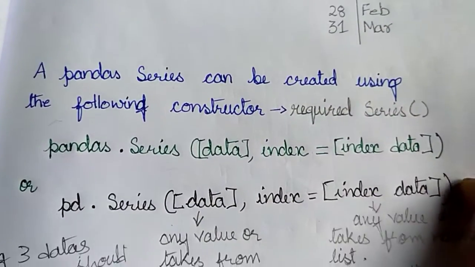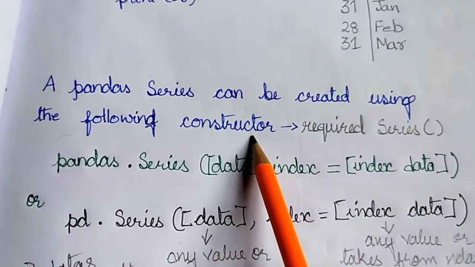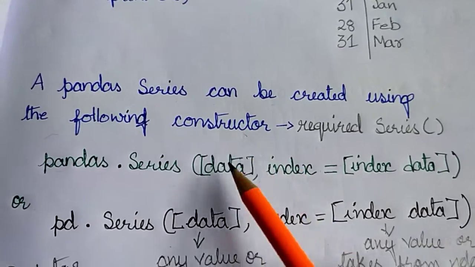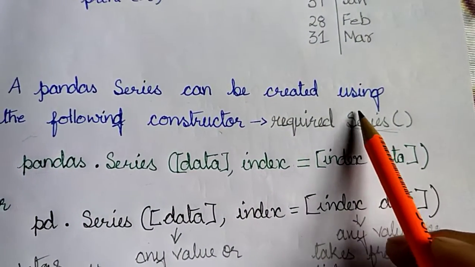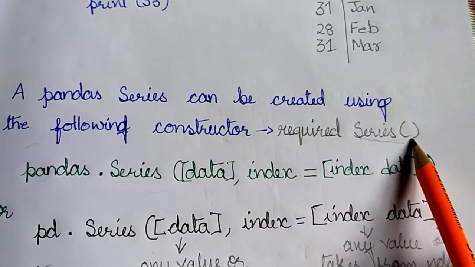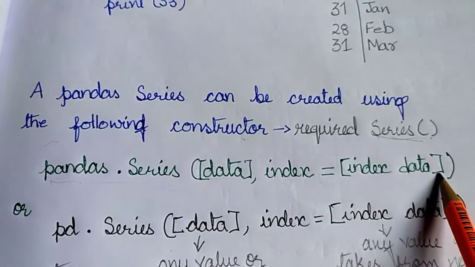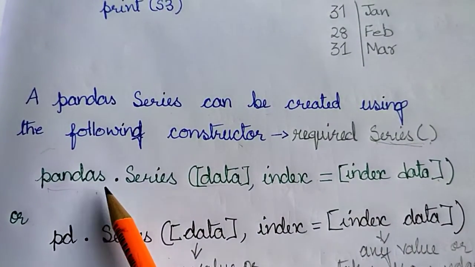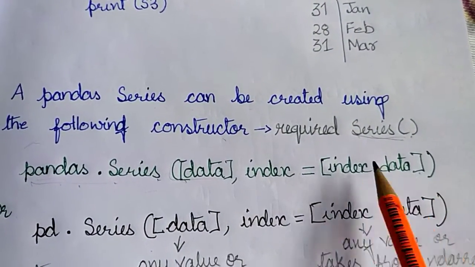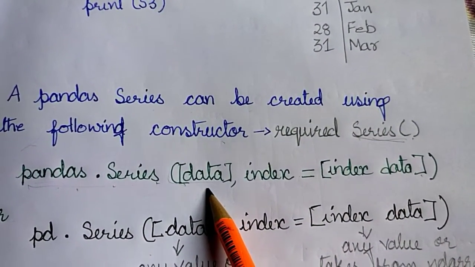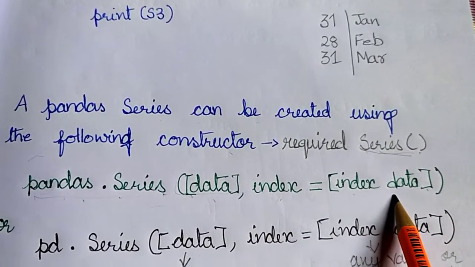To create a Pandas series, you can use the following constructor. But remember, whenever you create a Pandas series, you require a series method, that is series with open and close parentheses. This is the syntax that you need to remember. pandas.Series, inside the parentheses, you can have the data, you can have the index, or along with the index data.